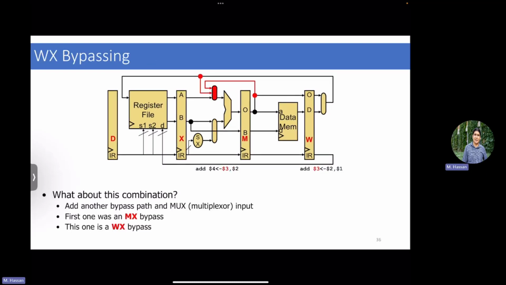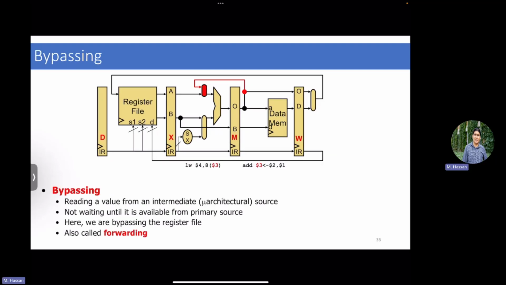So now, to start complicating things, let's go to the simple one and think a little bit. In that case, I'm reading the output from the ALU. But in reality, what if the load comes, for example, 2 cycles later after the add itself?